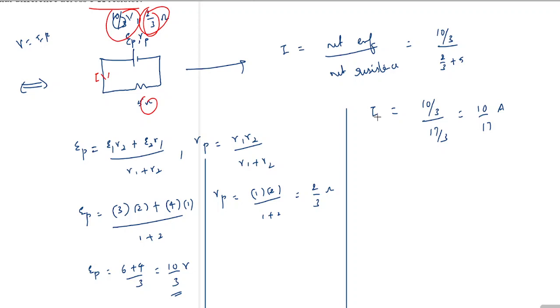So current flowing is 10 by 17 ampere. Finally, the question says to find the voltage drop, which is I into R. I here is 10 by 17 and resistance is 5. Therefore, the voltage is equal to 50 by 17 volt, which is equal to 2.94 volt. So this is the required answer.